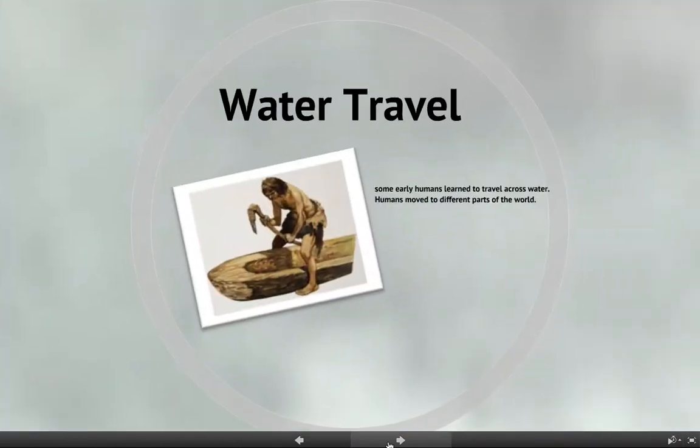All right, and then eventually we know, anthropologists and archaeologists know, that humans developed the ability to travel across water. Right? This does not mean that Stone Age humans were traveling across the Atlantic Ocean or the Pacific Ocean or anything like that. But we were able to travel across short distances. Right?